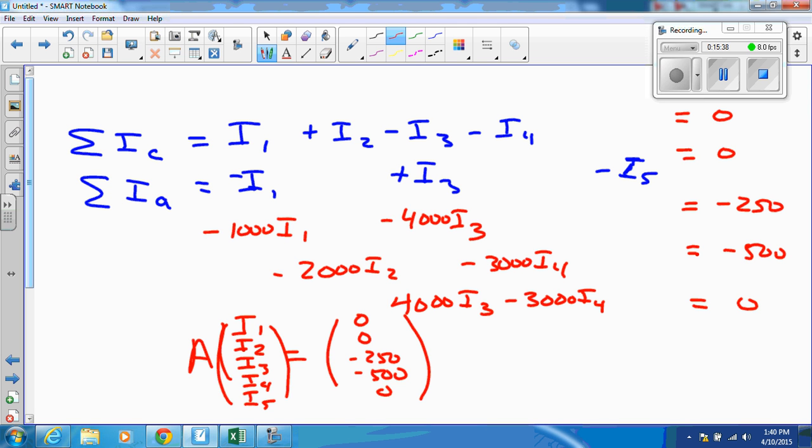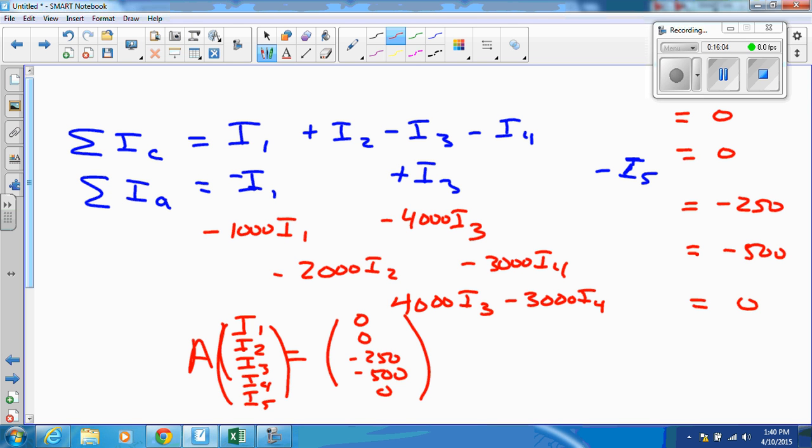All right. The way that we would normally solve this matrix equation by hand is by doing the elimination process. So this is not saying anything different. It's just using a new notation for it. But here's the advantage. If I could find a way to divide both sides by the matrix A, I could have all 5 of my currents in one step.